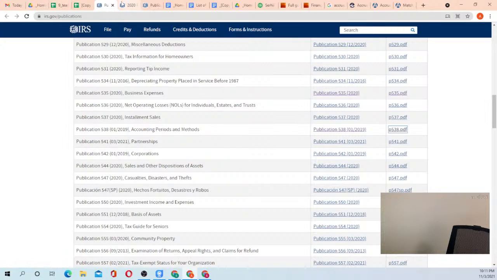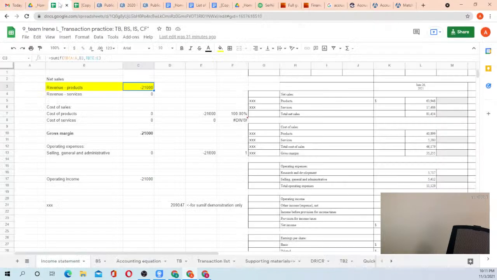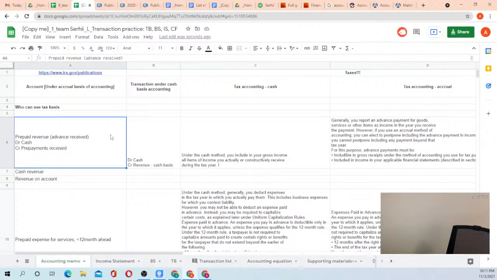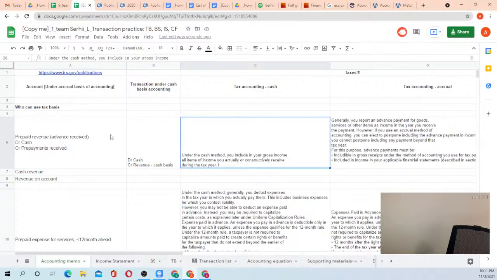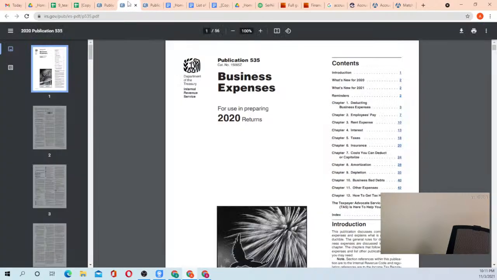535, 538. Let's see what we have here. Prepaid revenue. Under cash method, you include that into your gross income. That's publication 535. Let's see which one is that.